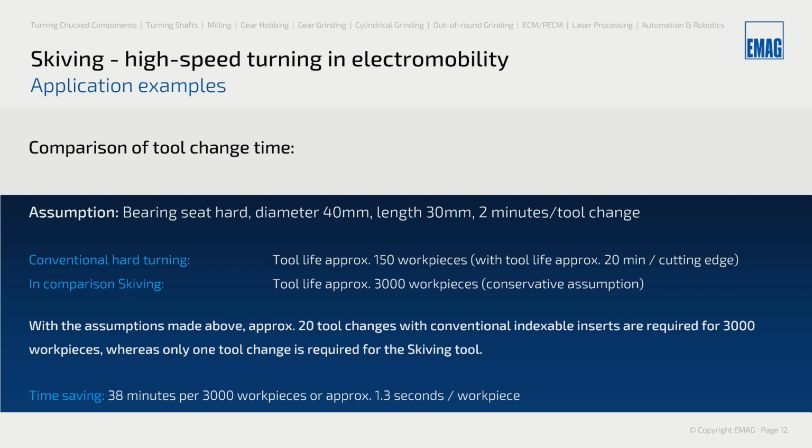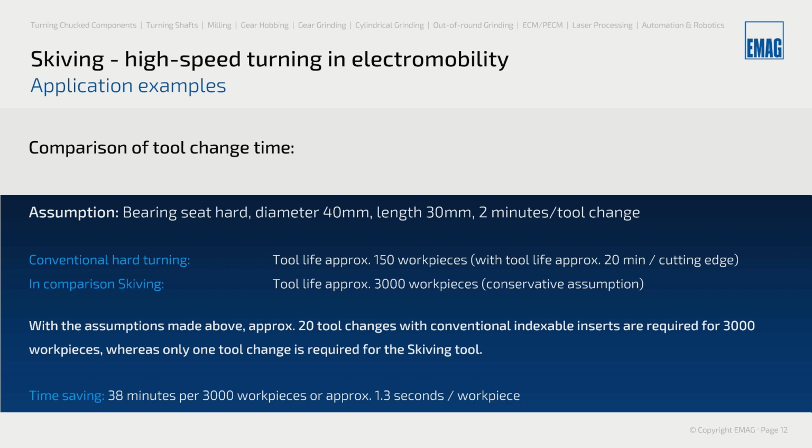First example is a comparison of tool change time, and we have to do some assumptions for it. We have a bearing seat, it's hard turning. We have a diameter of 40 millimeters. We have a length of 30 millimeters, and we calculate it with 2 minutes for a tool change.